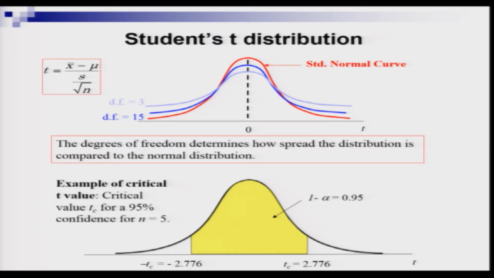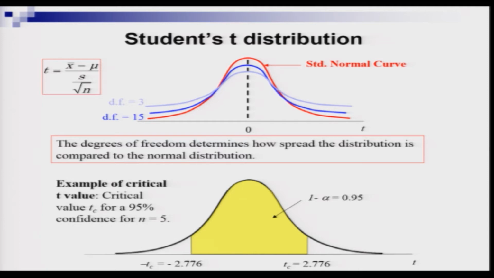Against the standard normal curve I am going to show you two t curves for different degrees of freedom, because, as I have shown you in the previous table, the cutoff values on the t scale depend on the degrees of freedom, which determine the spread of the distribution when we compare the t distribution to the normal distribution.